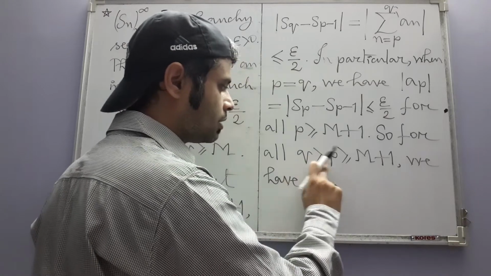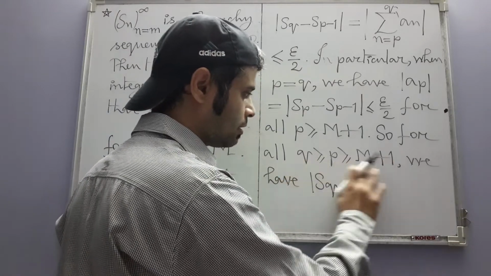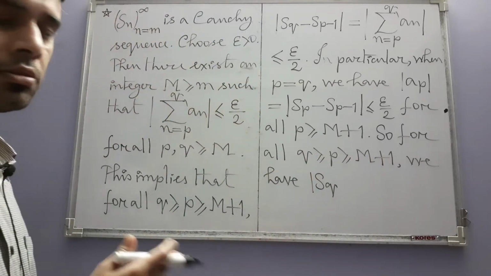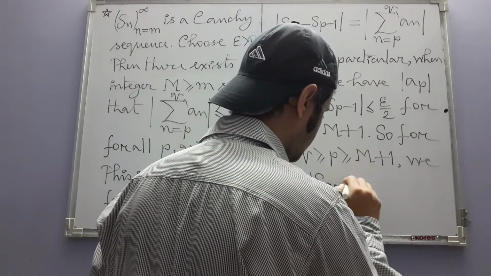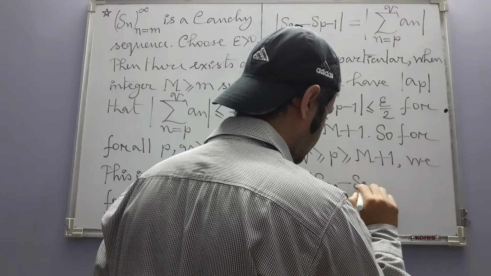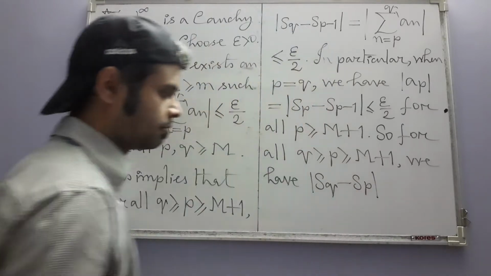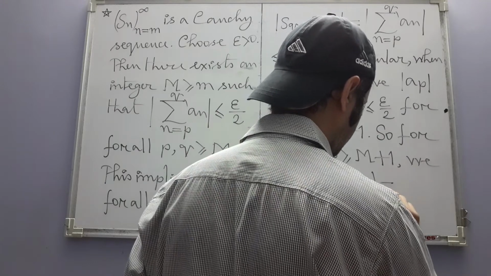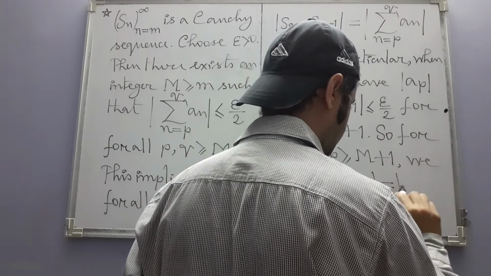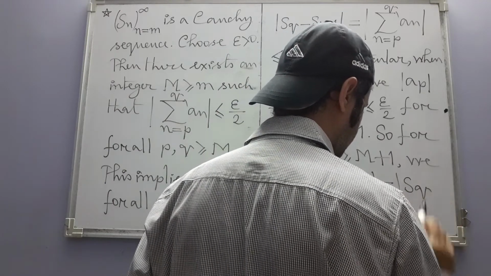Now again our Q and P are just related to each other like this, and they are also related to M in that way. So here SQ minus SP, this thing is going to be equal to SQ.